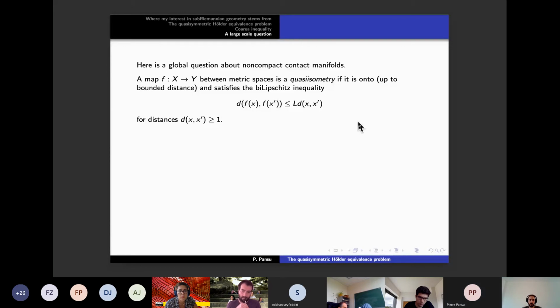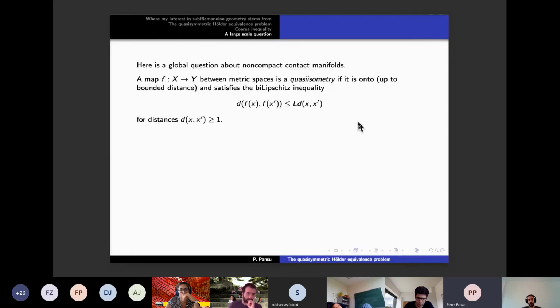So here, it's convenient. I really need to compare Riemannian and sub-Riemannian manifolds. And they will never be bi-Lipschitz because even locally, this is not true.